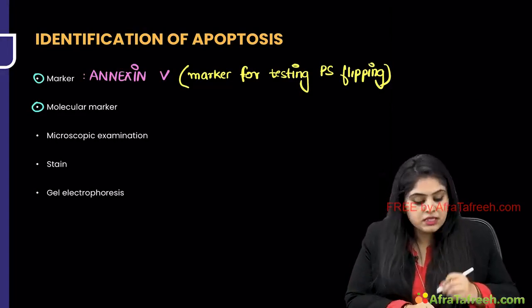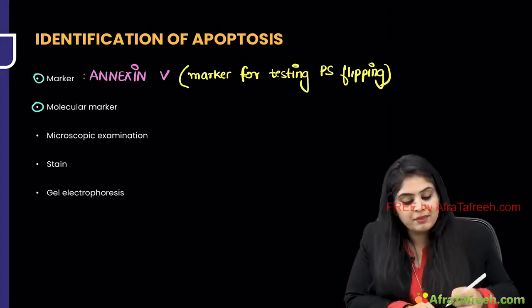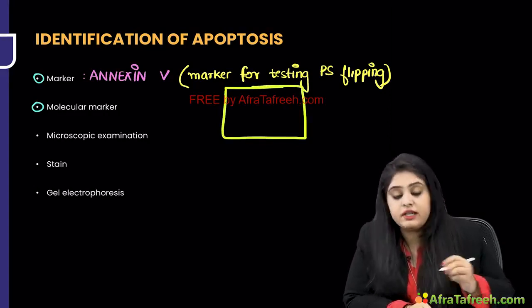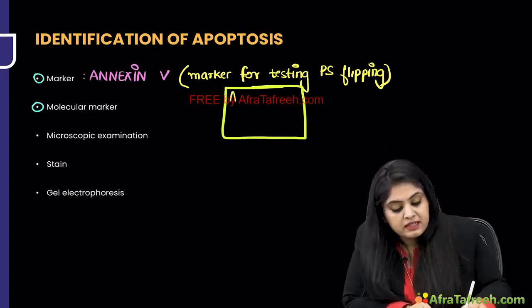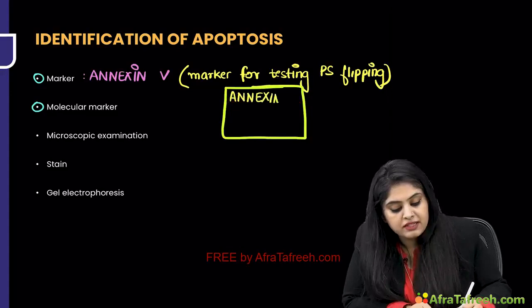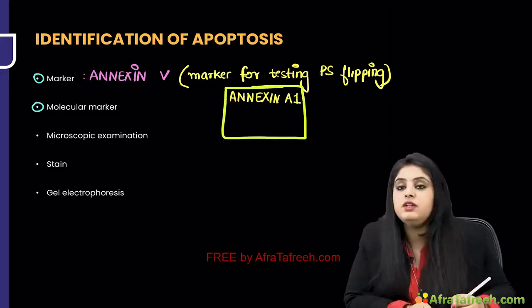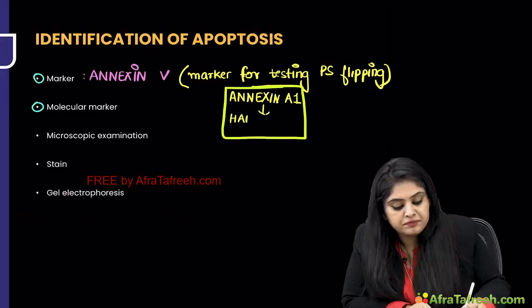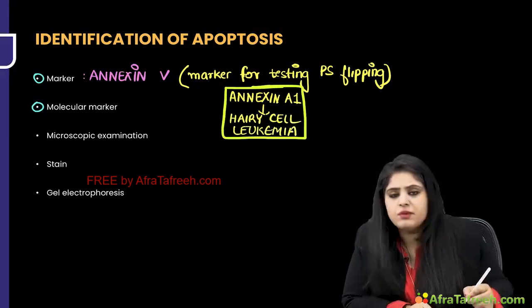I want all of you to be a little cautious, because you know what is going to happen in the exam. Make a table over here and be very, very categorical that you read it very carefully when it comes in the paper. Either they will mark annexin 5 or they will ask you annexin A1. And how will you learn this? Annexin A1 is a marker of hairy cell leukemia. How did I learn this?